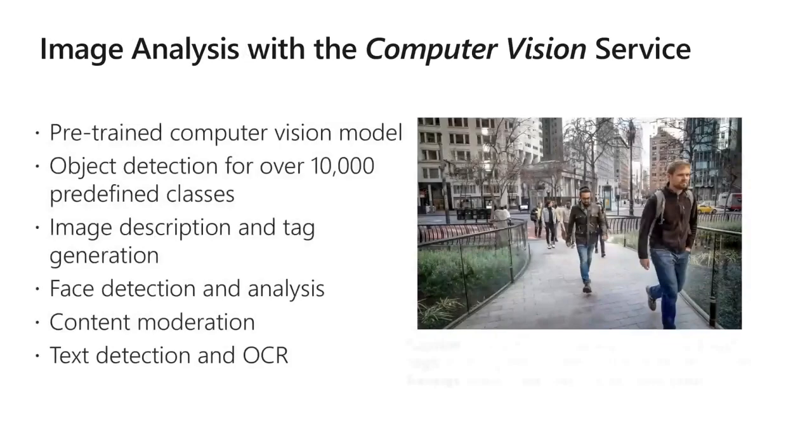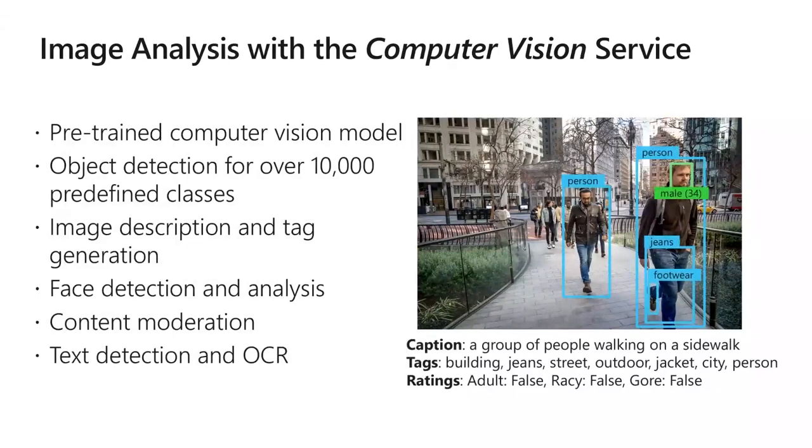When we're looking at image analysis, the computer vision cognitive service provides a pre-trained computer vision model that you can use to analyze images. And the model can detect and locate over 10,000 classes of common objects, like you see in the picture here: a person, but also an apple, a couch, a dog, a mountain, or jeans.